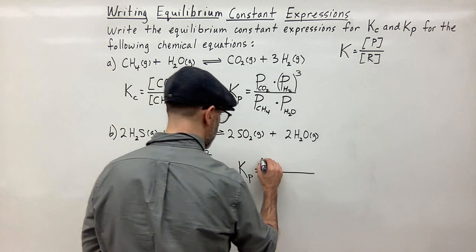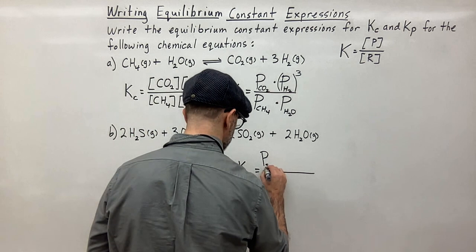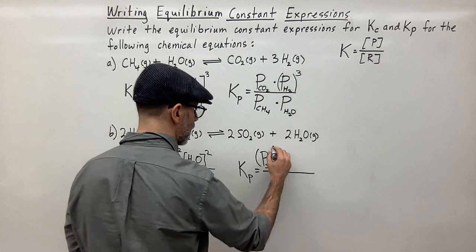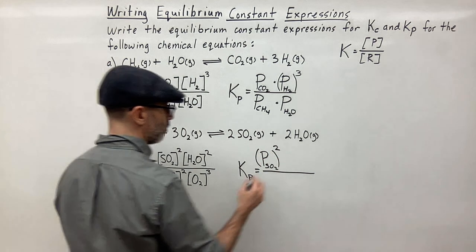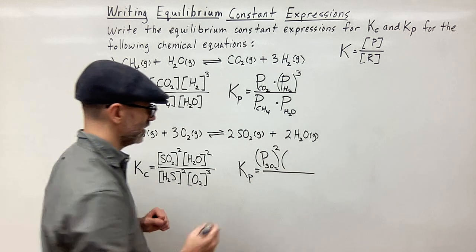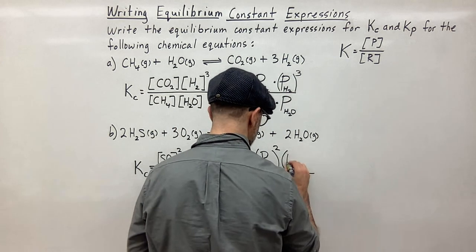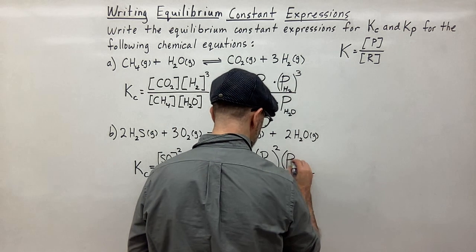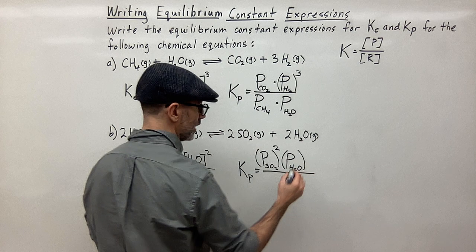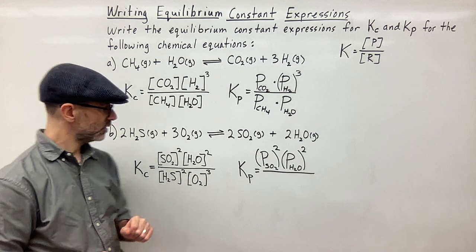We're going to have the partial pressure of SO2, and that's going to be raised to the power of 2 and multiplied by the partial pressure of, I'm sorry, not oxygen, H2O water. So we're going to have P of H2O, and that's going to be raised to the power of 2 because we have a 2 coefficient there.